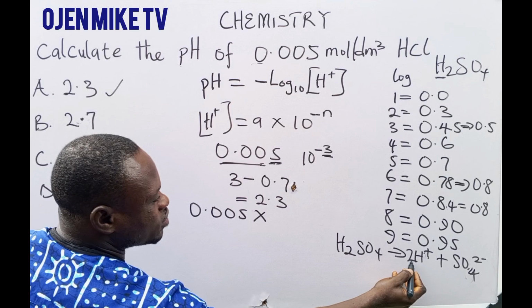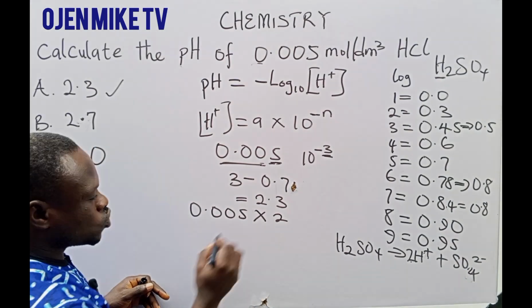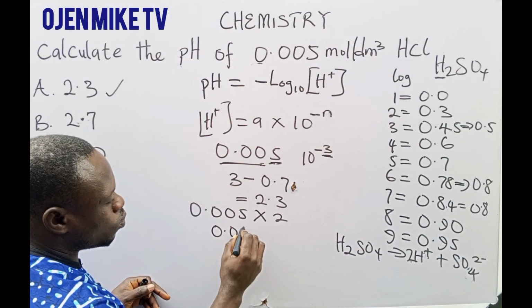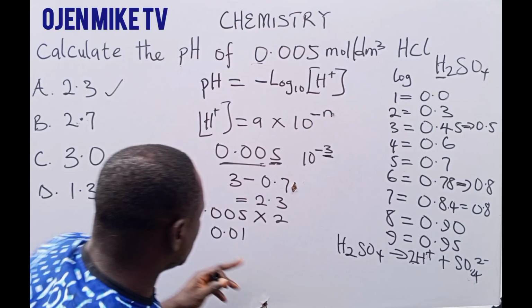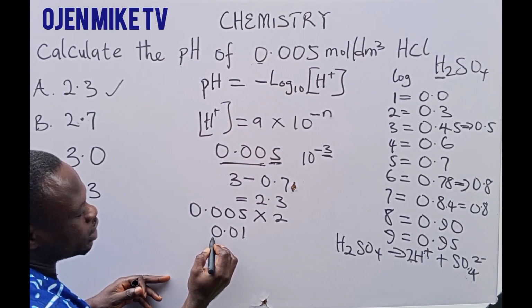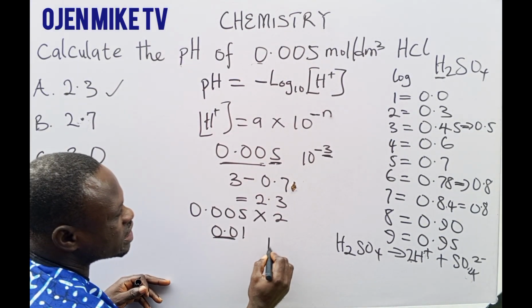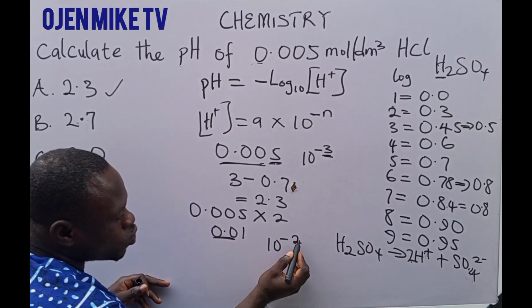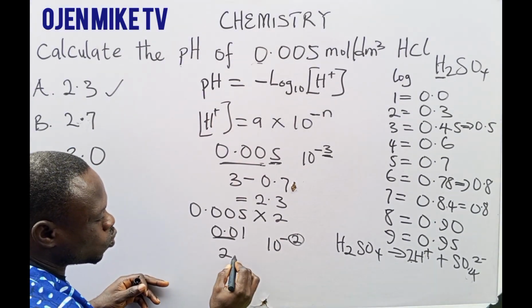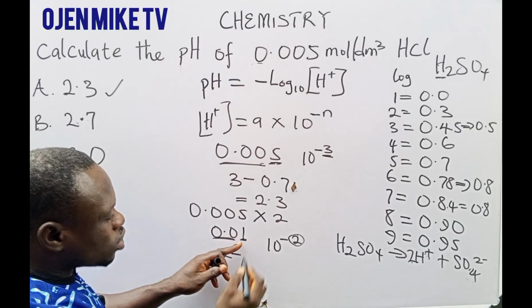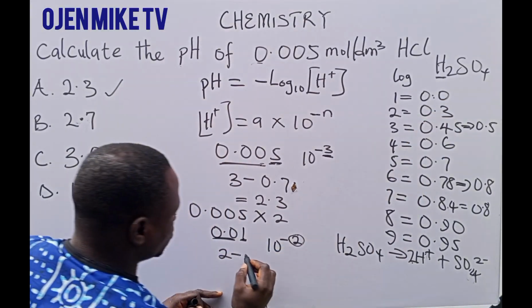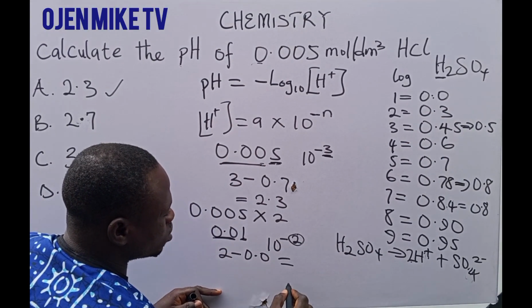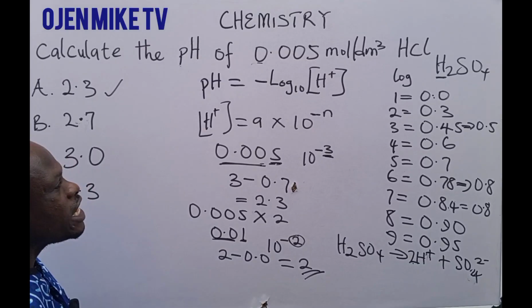So I will multiply this value by 2, so that I will have 0.01. So for 0.01, how many zeros are here? You say 10 raised to power minus 2. So I will take this 2 now and say 2 minus log 1. Log 1 is 0.0. So 2 minus 0.0 is equal to 2.